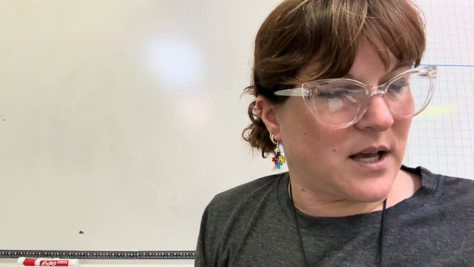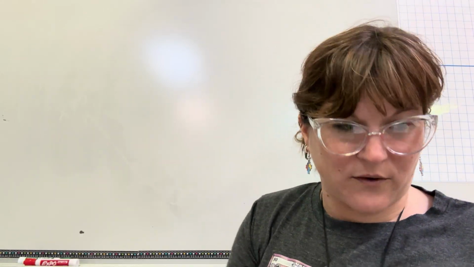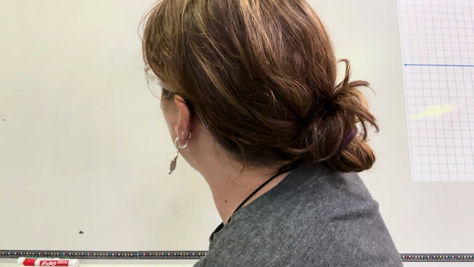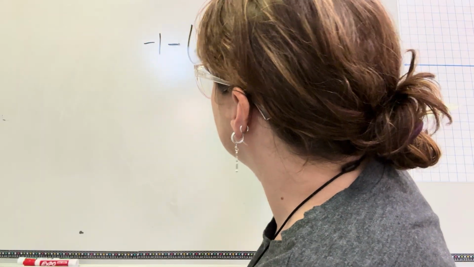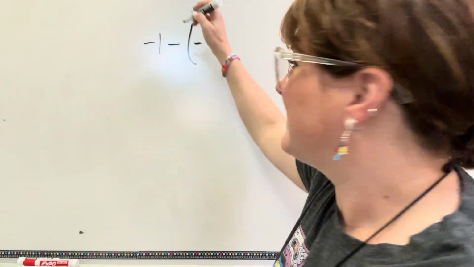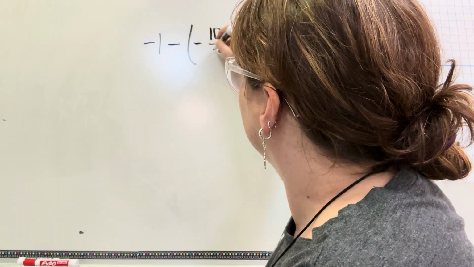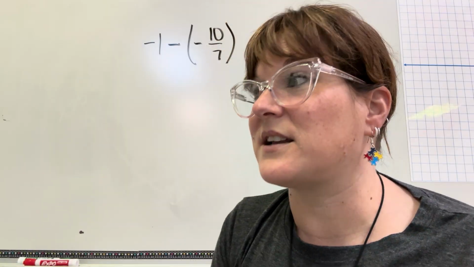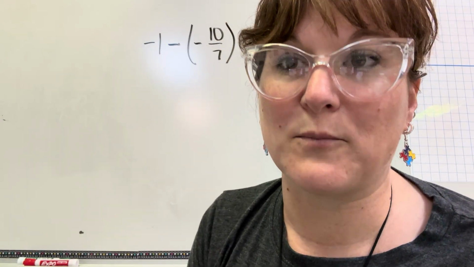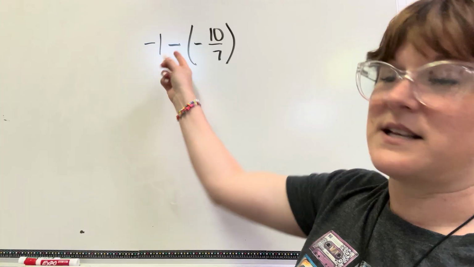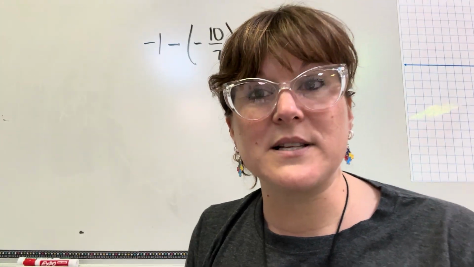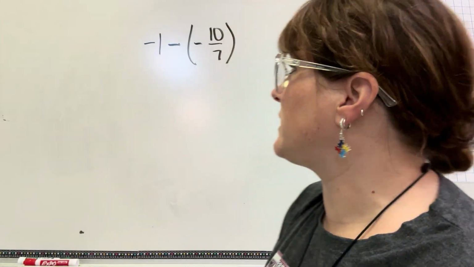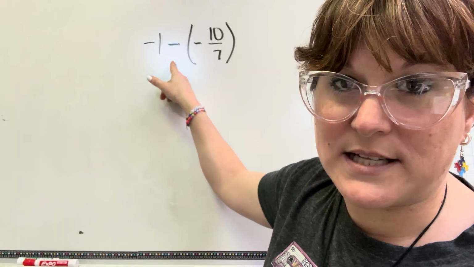So, I will do number 24. We have -1 minus negative, all negative. Subtracting, we're dealing with negative. So first I'm going to tackle my integer rules because we don't like subtracting.